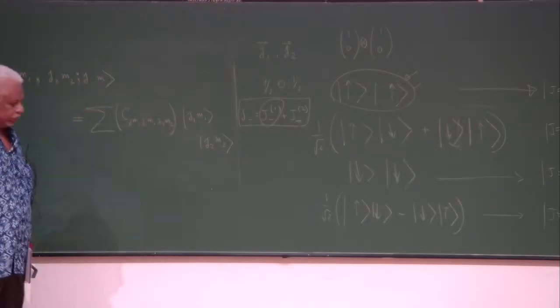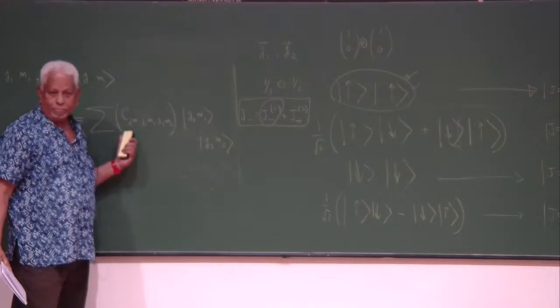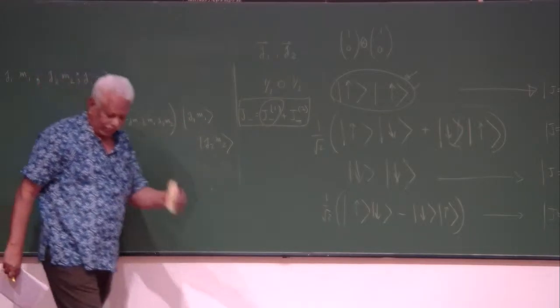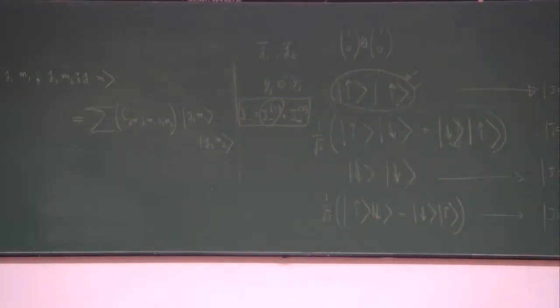This is the coefficients. Combining J1 M1 and J2 M2, I produce J M. That's what this coefficient is telling. That coefficient is called Clebsch-Gordon coefficients.